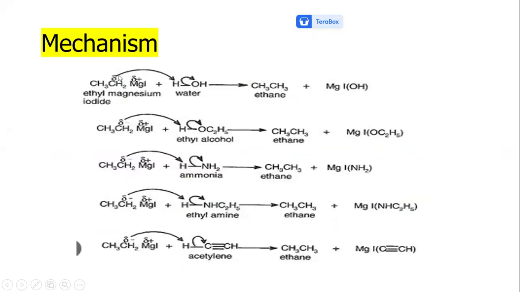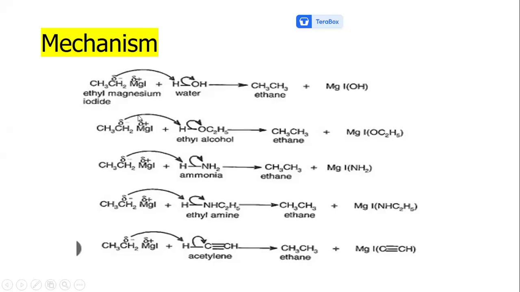In the case of the mechanism, take ethyl magnesium iodide. Magnesium is an electropositive metal, so it carries the positive charge. The electronegativity of carbon is higher than that of magnesium, so carbon is partially delta minus.